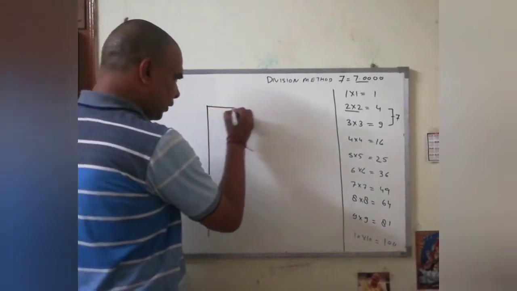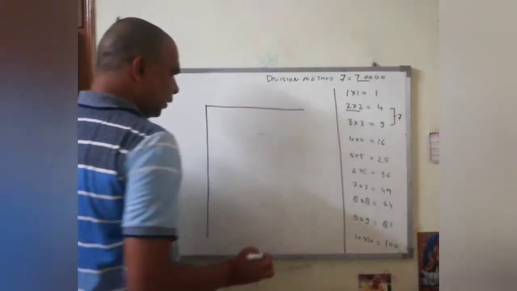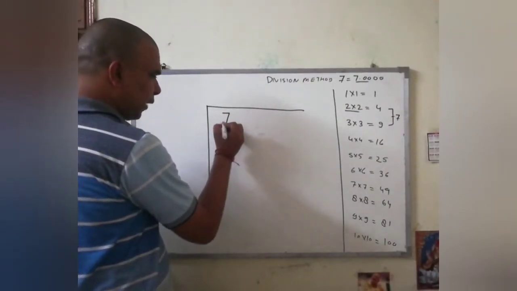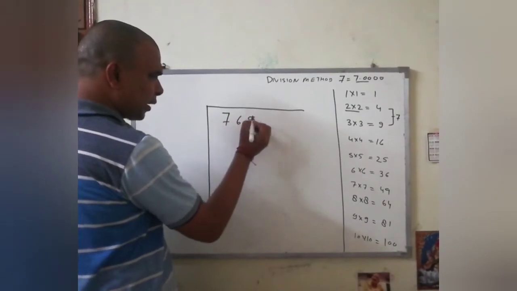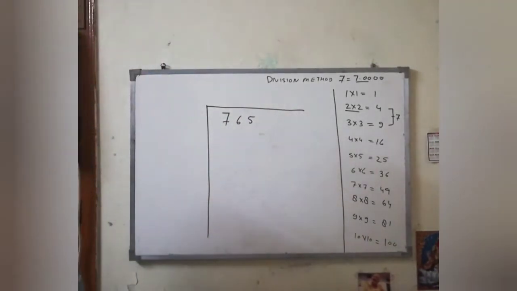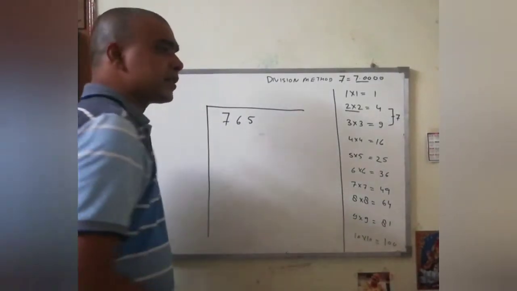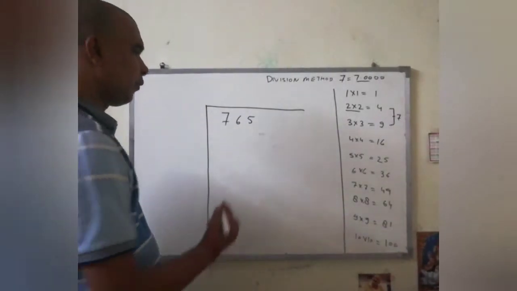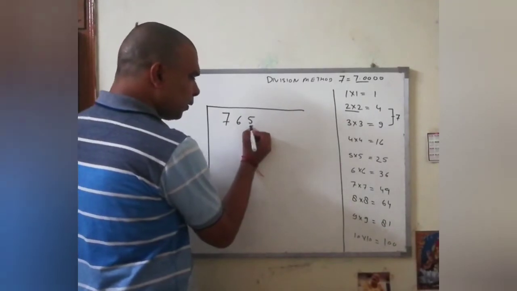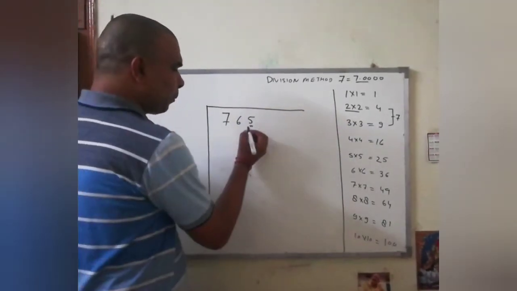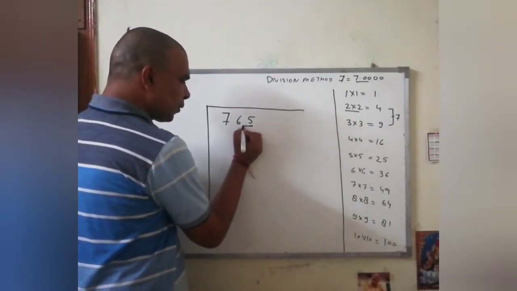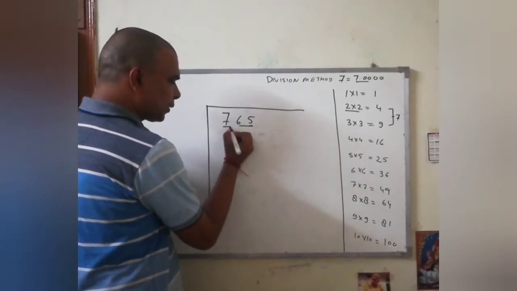Draw one horizontal line, one vertical line, and you will be putting 765. You can try by yourself. So what is the thumb rule of square root? Using the division method, we can start making pairs from the one's place. So one pair is this, one pair is this.